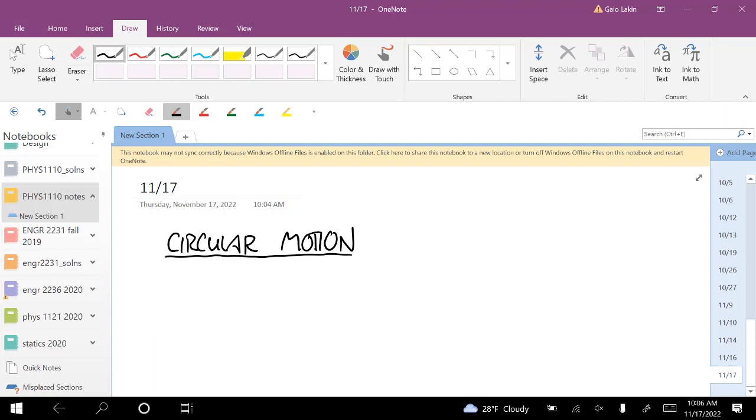Channeling that stuff you've been doing in lab is an important part of making sense out of this. There are really only three new things you need to remember about circular motion.